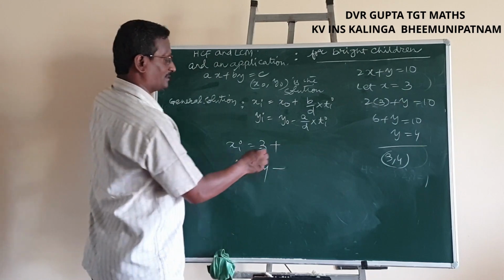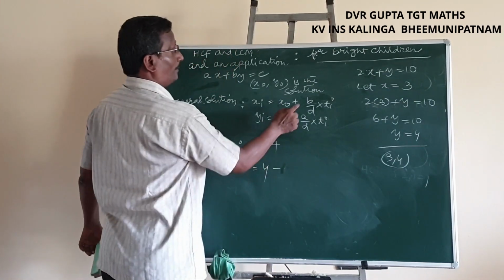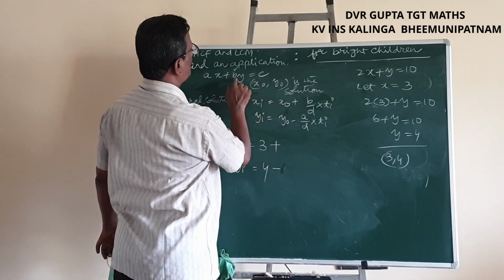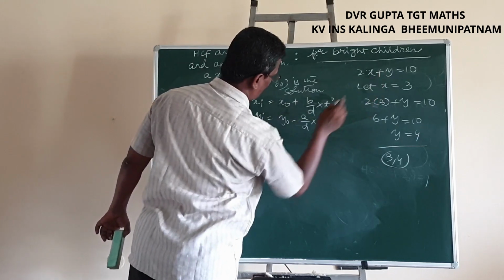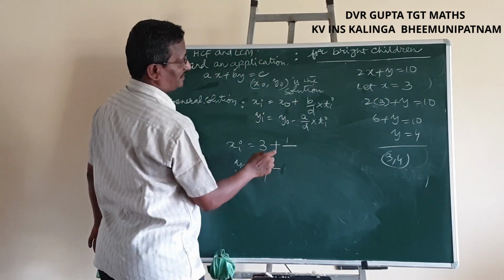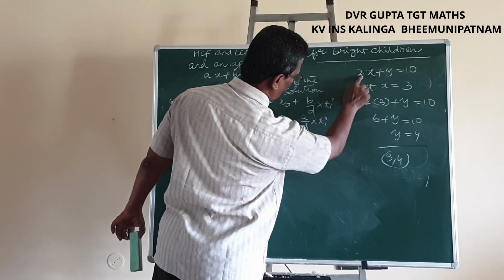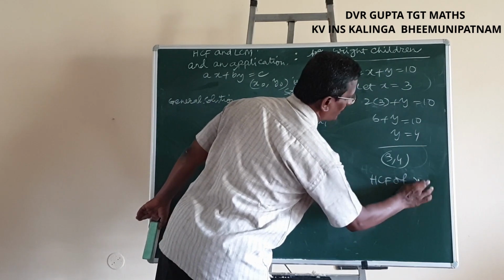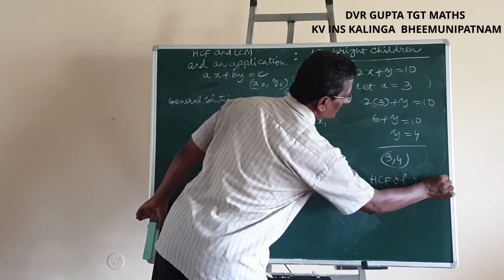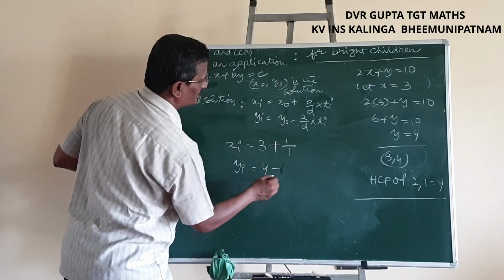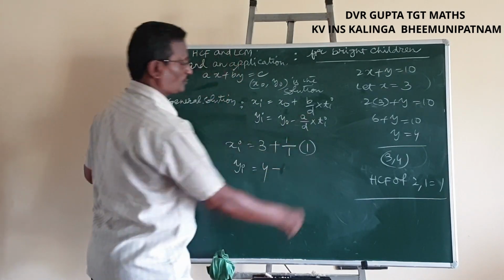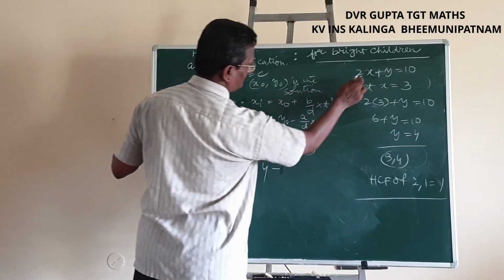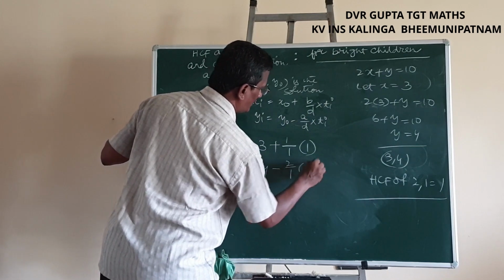Then b, the coefficient of y, is 1, divided by the HCF of a comma b, HCF of 2 comma 1. Here HCF of 2 comma 1 is equal to 1. So by substituting d is equal to 1, and for the first solution let us give ti as 1. Here a, the coefficient of x, is 2, so 2 by 1 into 1.